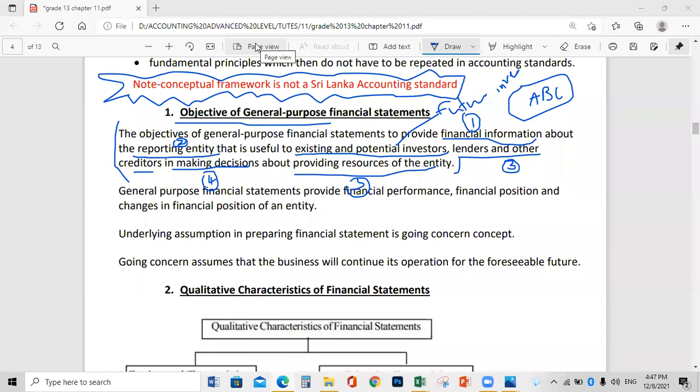They need information for that. Investors invested their money in our business, so they need information to make decisions, because they provided us resources, guys. So that's why we say this is the objective of general purpose financial statements.